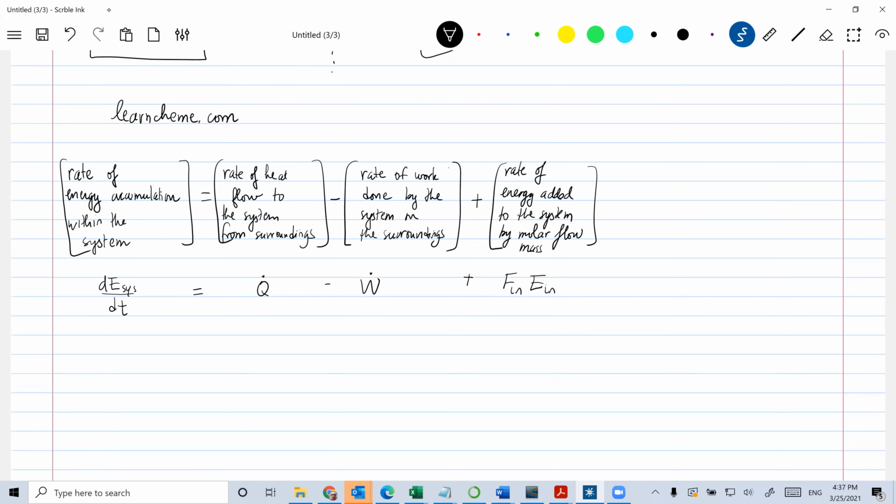These are all in joules per second, basically rates of energy. Then that is minus the rate of energy leaving the system by mass flow.